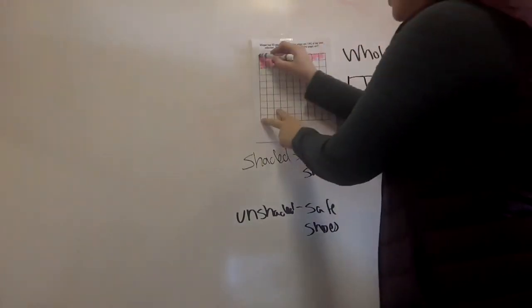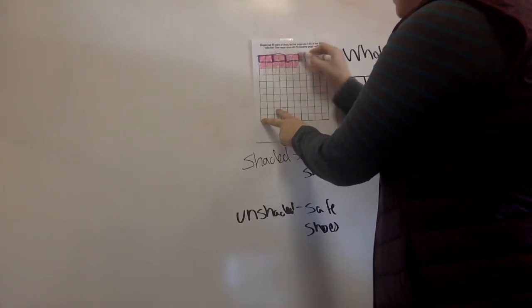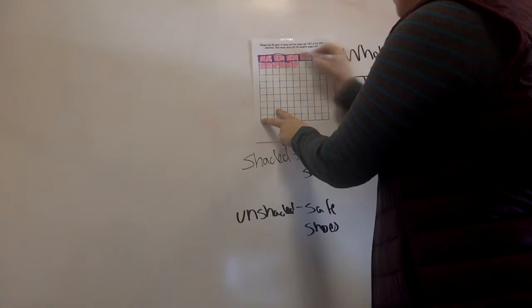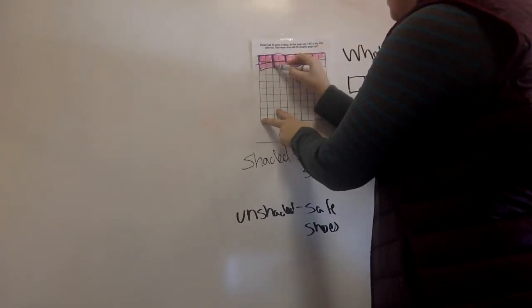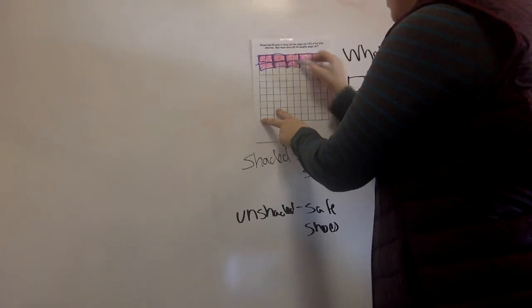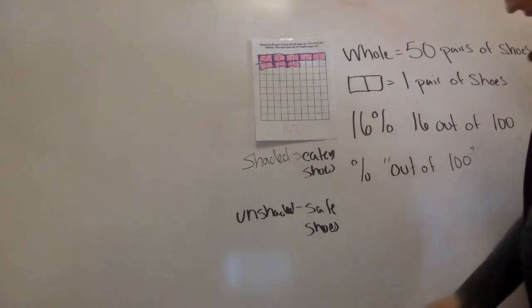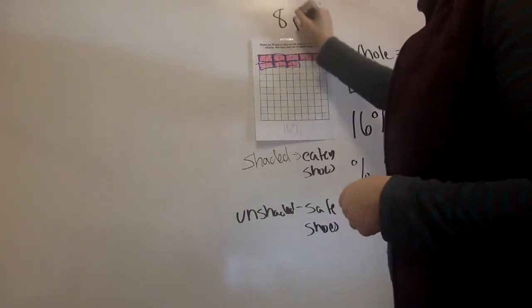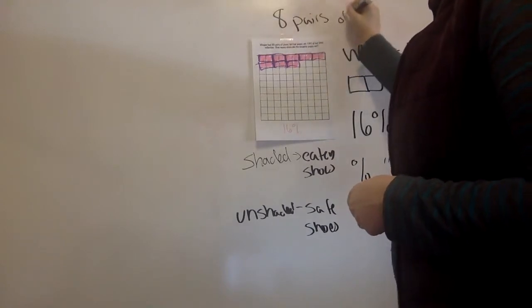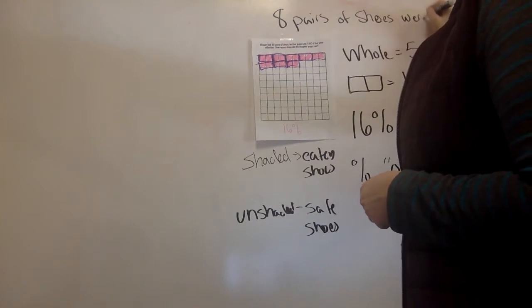So inside my shaded region, there's 1 pair of shoes, 2 pairs, 3 pairs, 4 pairs, 5 pairs, 6 pairs, 7 pairs, 8 pairs of shoes. So the puppy ate 8 pairs of shoes. 8 pairs of shoes were eaten. Bummer.